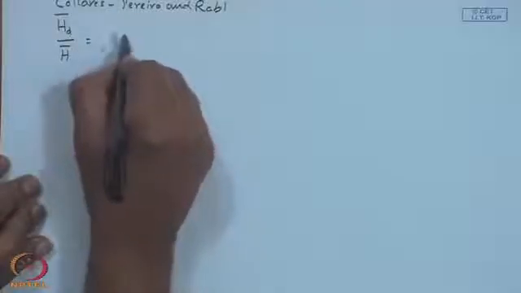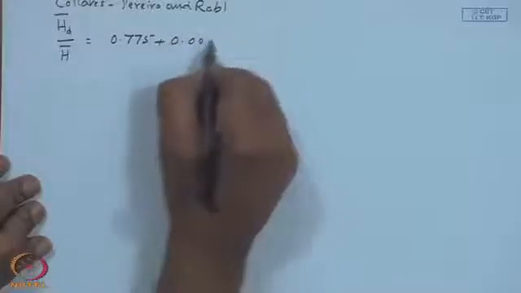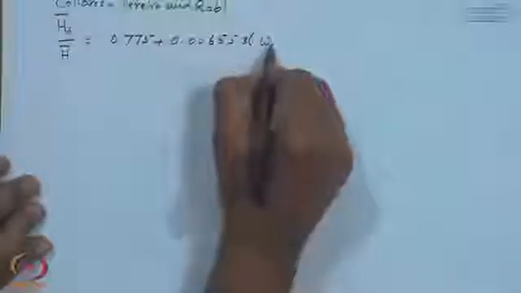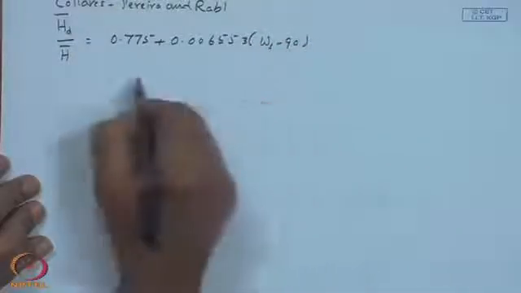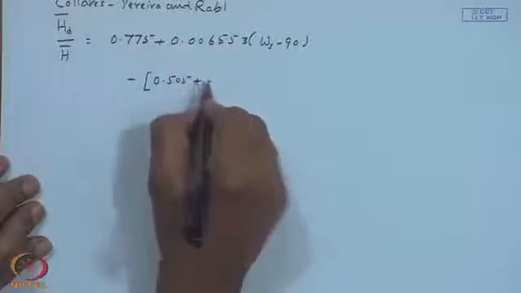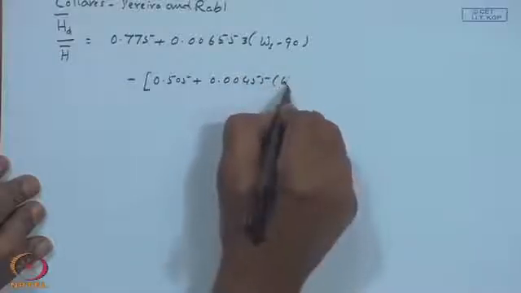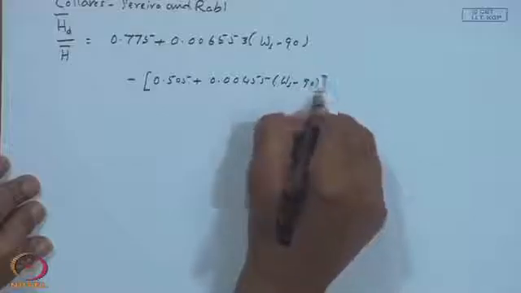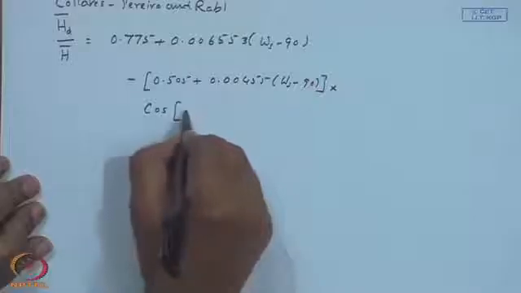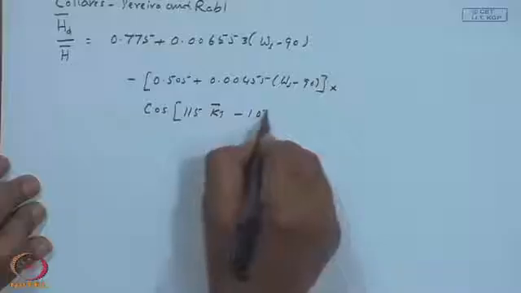Which is 0.775 plus 0.006553 times (omega s minus 90), minus 0.505 plus 0.00455 times (omega s minus 90), times cos (115 kT bar minus 103).